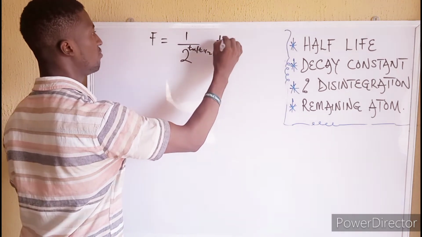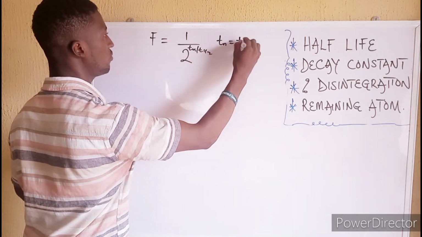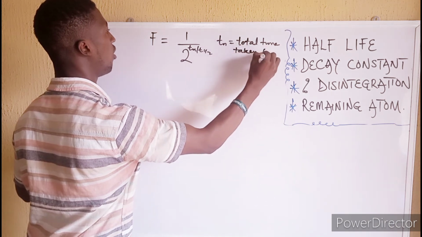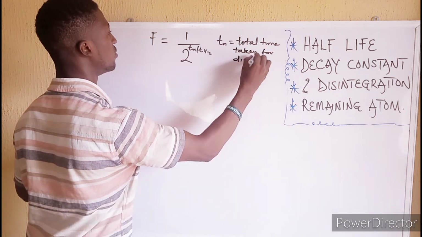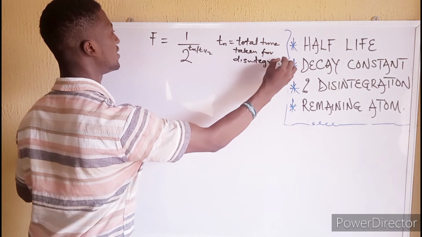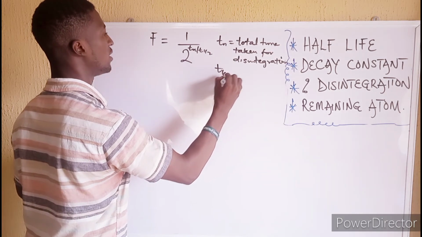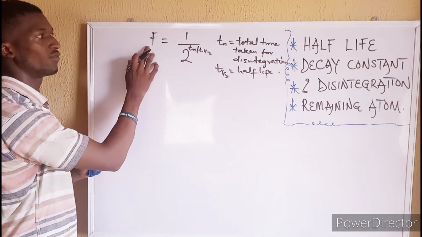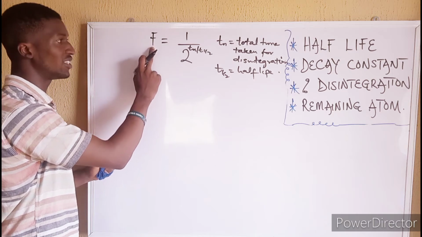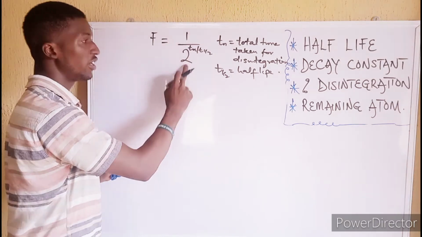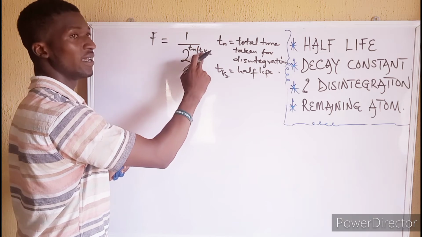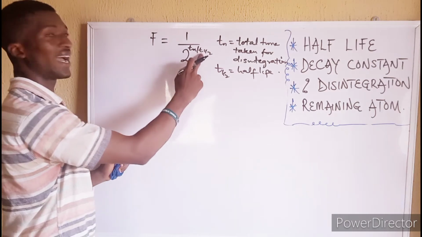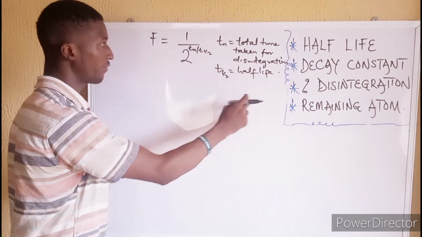What this Tn stands for is the total time taken for disintegration, and what your T half means as usual is the half-life. So when you are asked to calculate the fraction of disintegration, you state that it is equal to 1 over 2 raised to power Tn divided by T half, where Tn is your total time taken for disintegration and T half is your half-life.